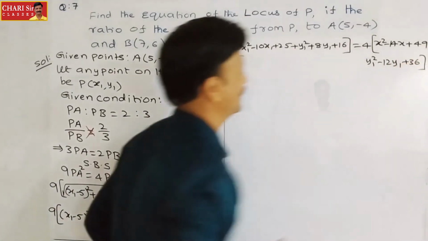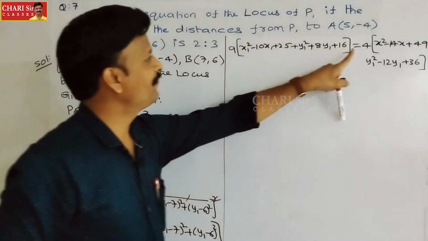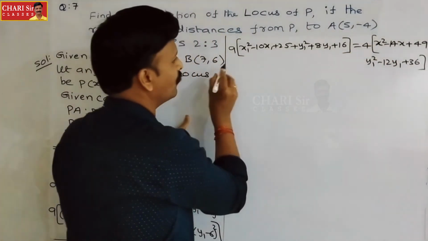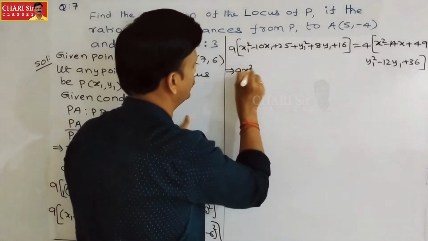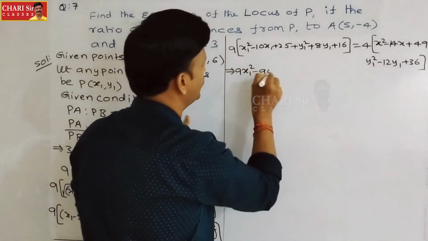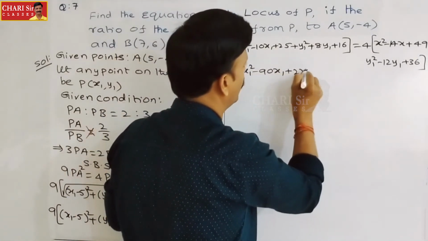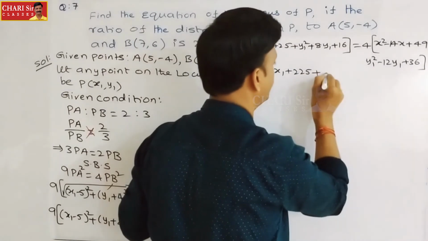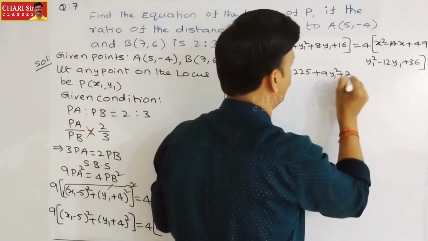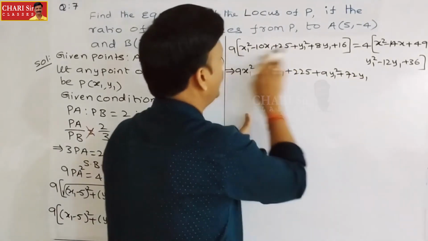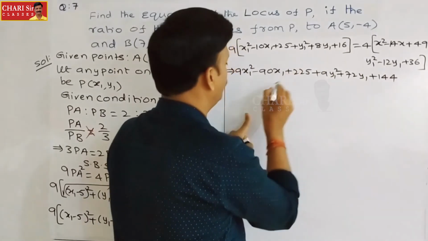So close the bracket like this. Now we multiply with 9 inside, here with 4 inside. So it becomes 9x1 square, 9 into 10 minus 90x1, 9 into 25, 225, 9y1 square, 9 into 8, 72y1, and 9 into 16 plus 144.